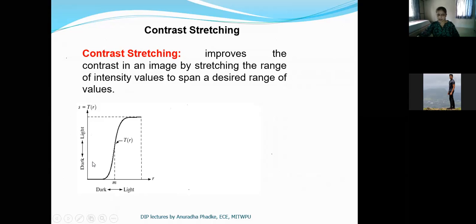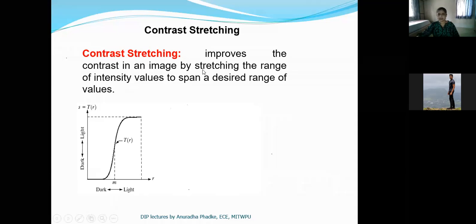Whenever we stretch the range, the resultant image has better contrast, because it now has greater dynamic range. By this stretching operation, we are increasing the difference between the darkest spot and the brightest spot, which means we are increasing the contrast. So this simple point processing operation can give you better contrast.